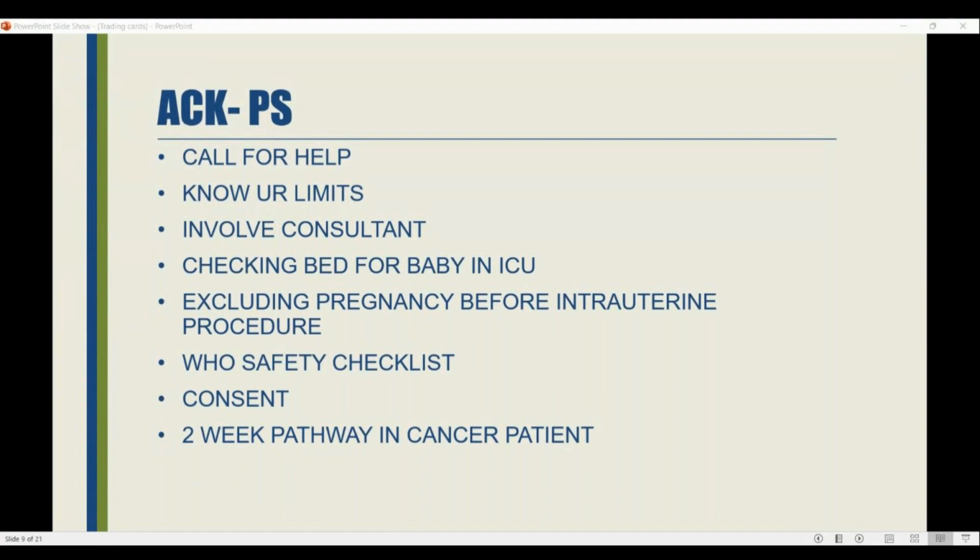Then when you are proceeding to the next one, the labor ward coordinator will tell you that now this patient has a breech in labor, she's due for her vaginal delivery, and she's fully dilated. Then you'll say okay, we'll call the next on-call consultant, and somebody should be there in the hospital, so let us call another consultant. So that will make you a safe doctor.